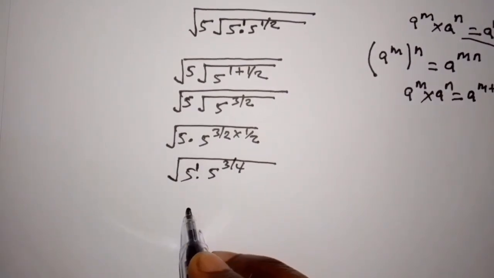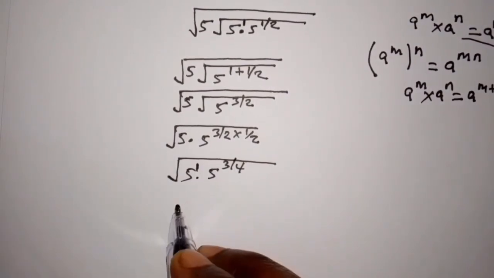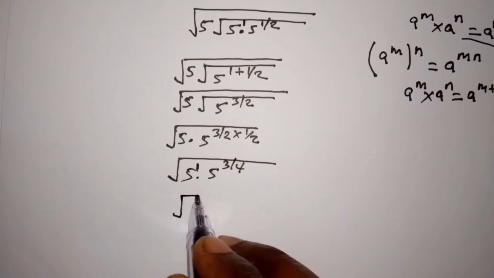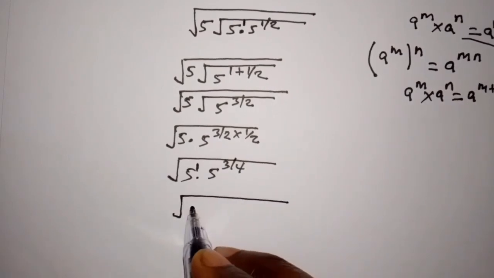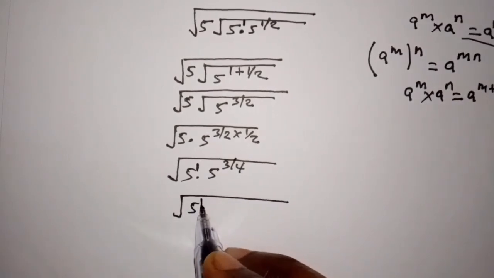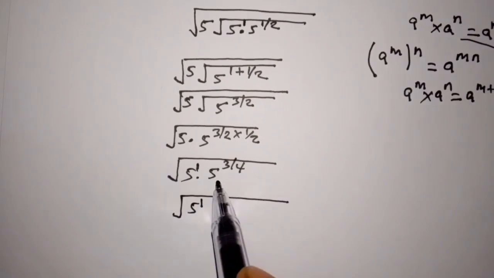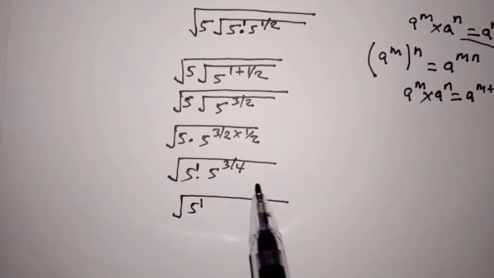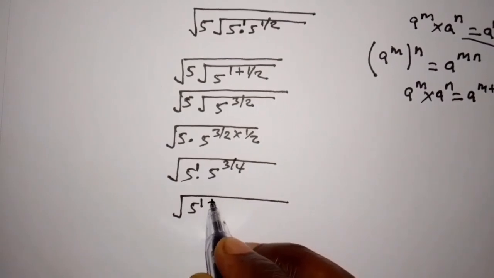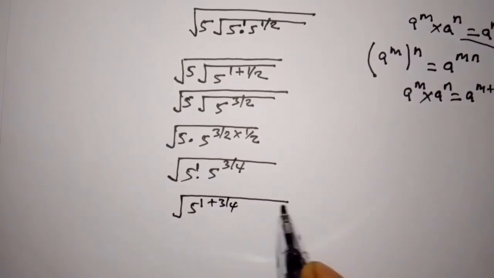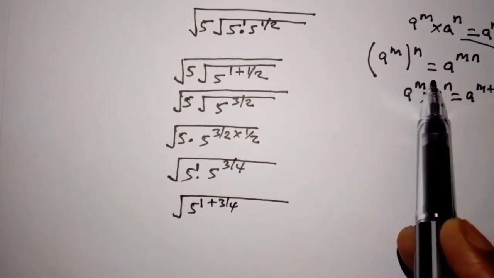And this is going to give us 5 power 1 plus 3 over 4, according to this rule here.